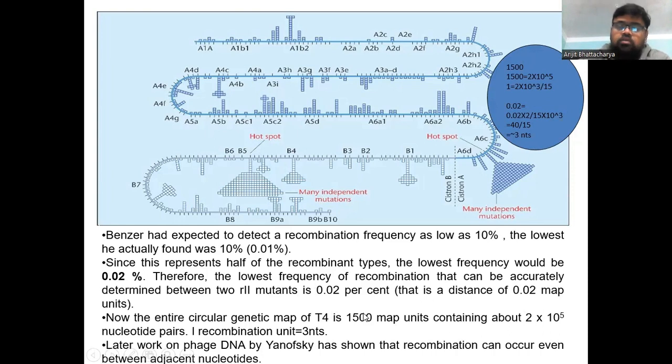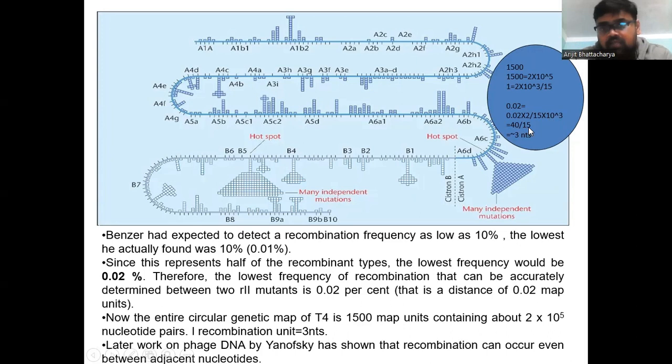Now, according to their calculation, the total map unit for T4 was 1500. And we know a T4 genome is 2 into 10 to the power 5 base pairs long. So a simple calculation comes here. If 1500 map units corresponds to 2 into 10 to the power 5 base pairs, one map unit would correspond to 2 by 15 into 10 to the power 3 base pairs, and 0.2 map unit would correspond to 0.2 into 2 by 15 into 10 to the power 3 base pairs.